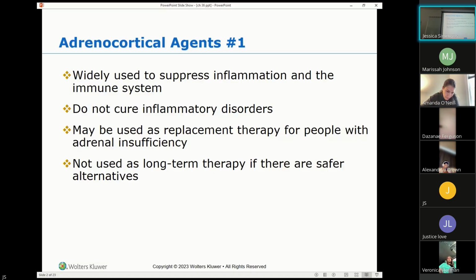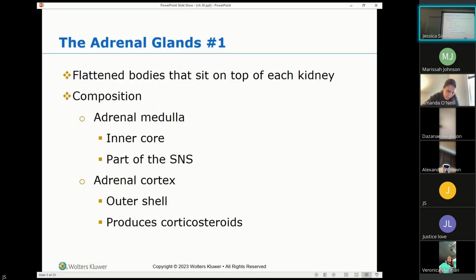Now, remember, it's always going to be risk versus benefit when it comes to all drugs, right? So if you have a patient on chronic corticosteroids, it's for a reason. It's because there is no other alternative. But if there is, it really should be suggested to switch to a safer option.